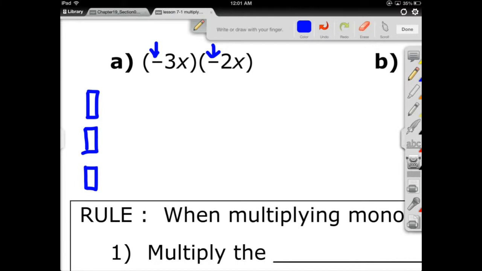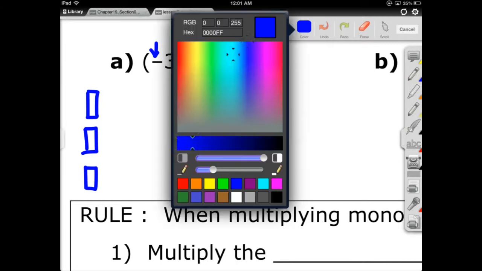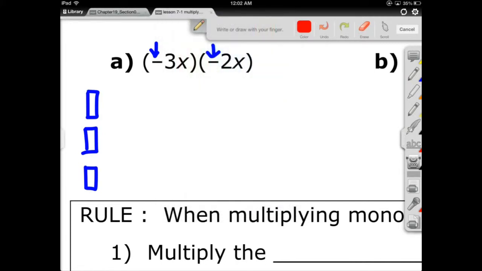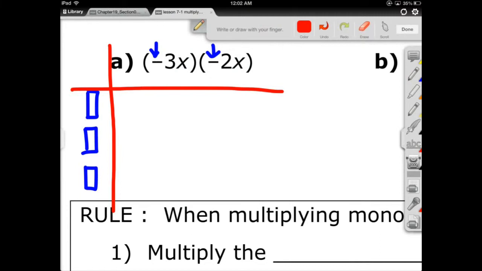Now x's are thin kind of rectangles, and let's choose a red so that we can do this. So since it's the area model, you're basically multiplying the uppy downy by the lefty righty.